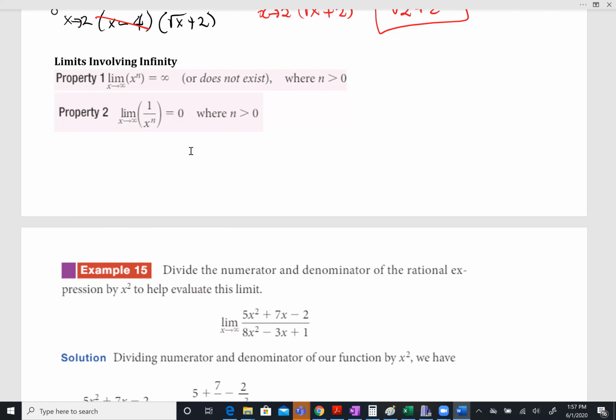First one: the limit of x to the power n when x approaches infinity will be equal to infinity, or we say does not exist, where n has to be greater than 0.